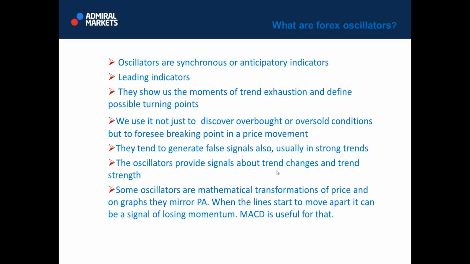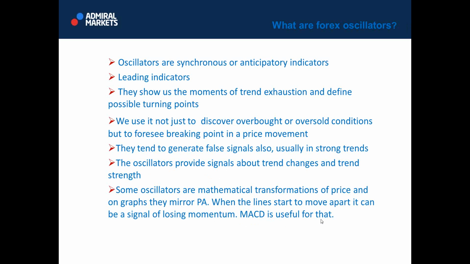Also, oscillators provide signals about trend changes and trend strength. We can read trend changes and trend strength by having an oscillator placed on our charts. Some oscillators are mathematical transformations of price, and on the graph they mirror price action. When the lines start to move apart, it can be a signal of losing momentum.